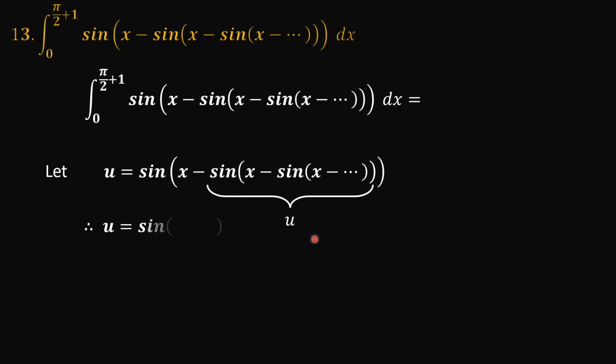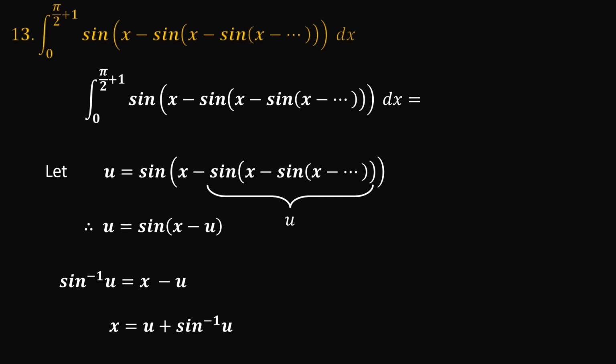So we can now summarize our integrand as u equals sine of x minus u. Now that means that the arcsine of u is equal to x minus u, and if we make x the subject, x is the same as u plus arcsine of u.